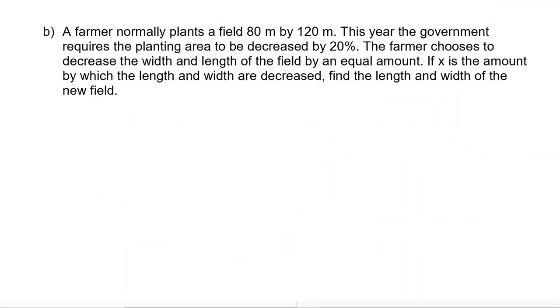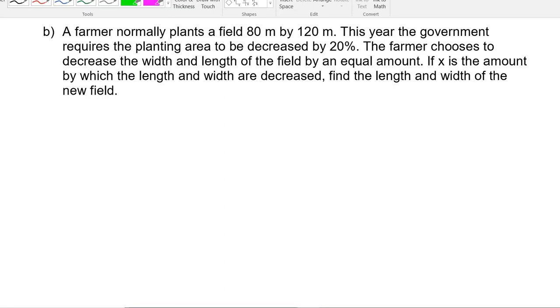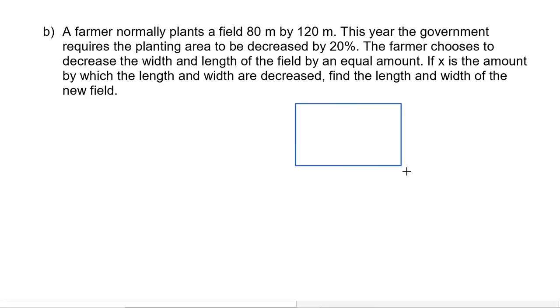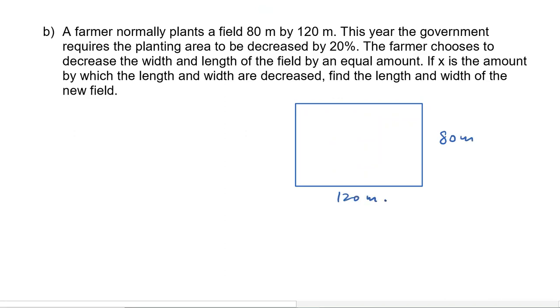So read the next problem carefully. A farmer normally plants a field 80 by 120 meters. So we have 80 meters by 120 meters. This year, the government requires the planting area to be decreased by 20%.